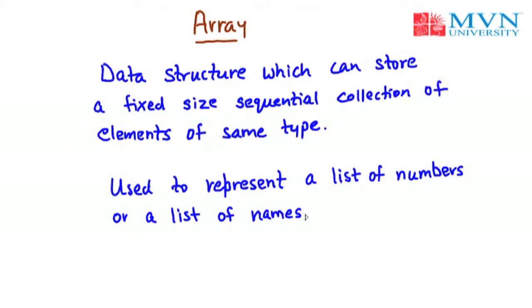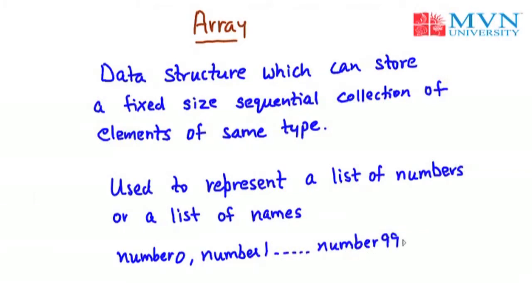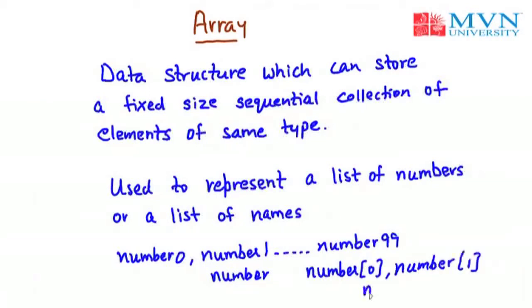Instead of declaring individual variables such as number0, number1, or number99, we can declare one array variable such as numbers and use numbers[0], numbers[1] and numbers[99] to represent individual variables.